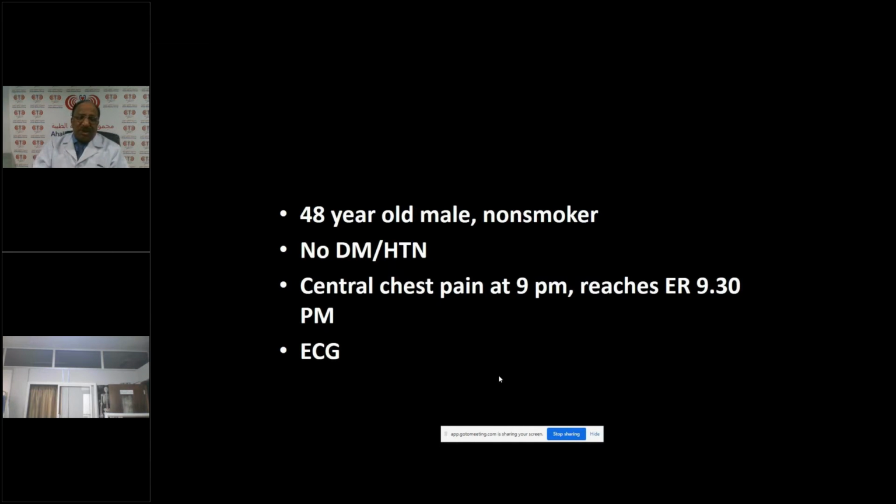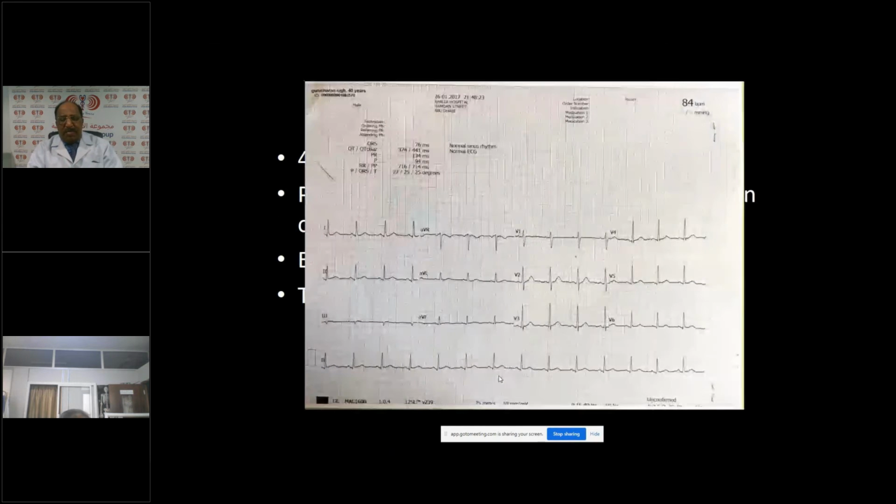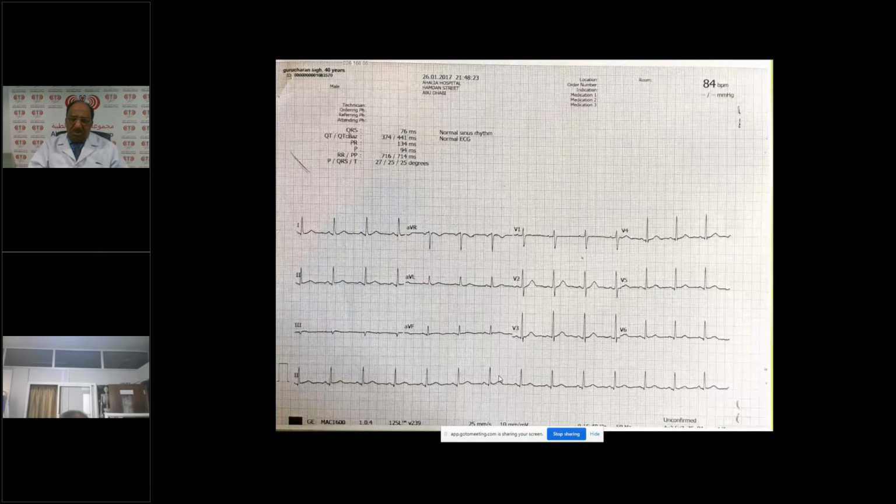This is a 48-year-old male who had typical central chest pain at 9 p.m. on a given day and reaches the ER at 9:30 p.m. An ECG was taken, which was normal, and the patient was discharged home.